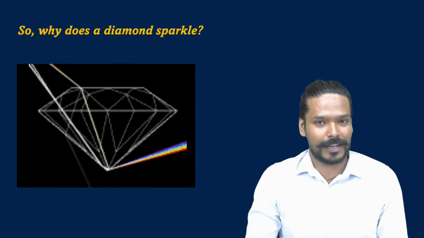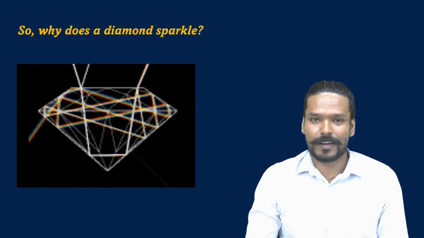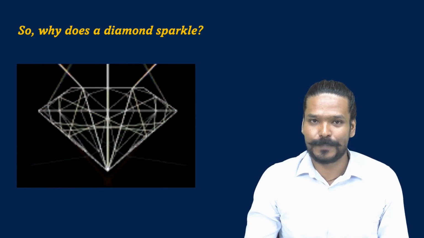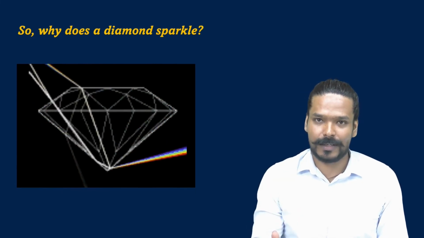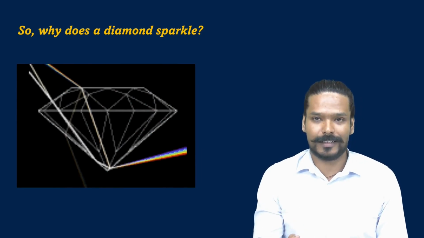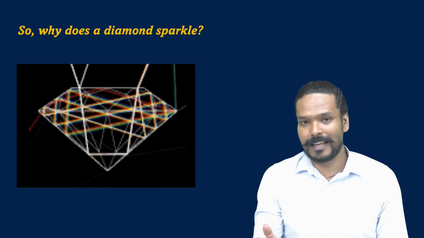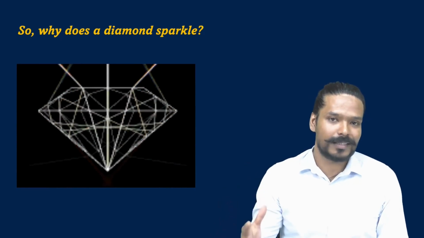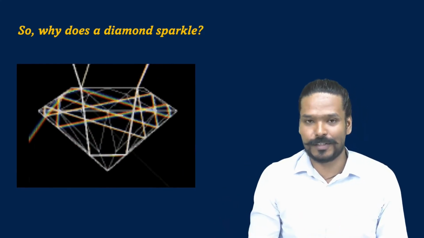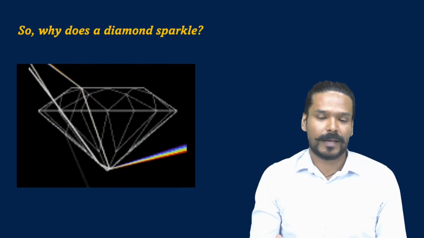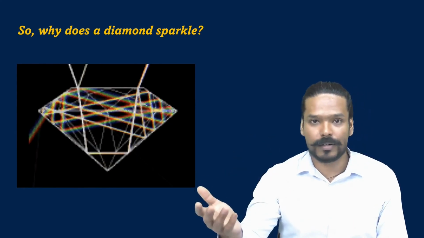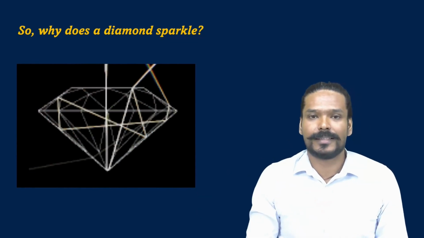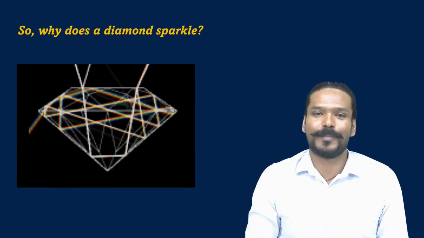And the second reason is that the faces of the diamond, right, are cut in such a way that any ray which enters the diamond is incident at an angle greater than the critical angle, and it will undergo multiple total internal reflections within the diamond before it emerges out of one of the faces or corners or maybe an edge. Now this causes the diamond to sparkle.